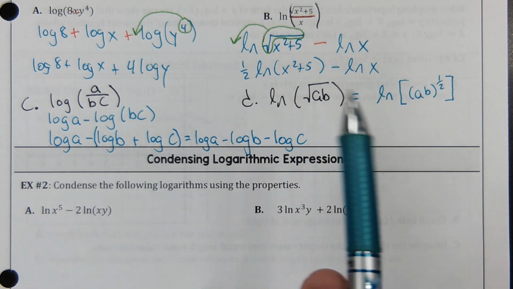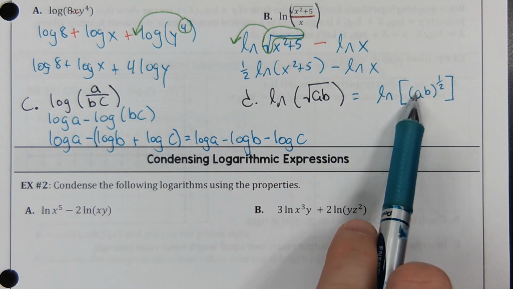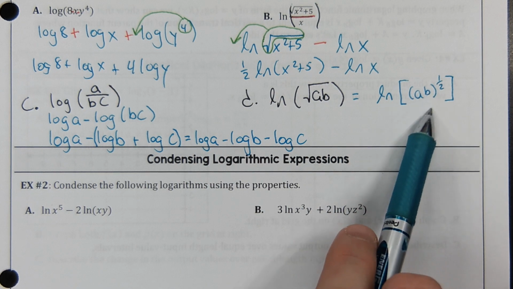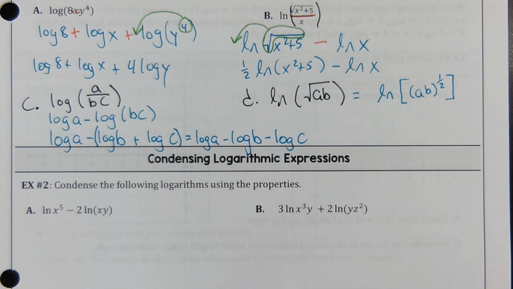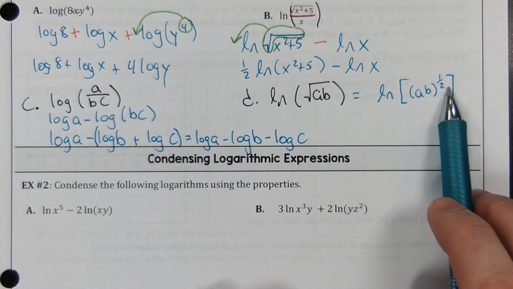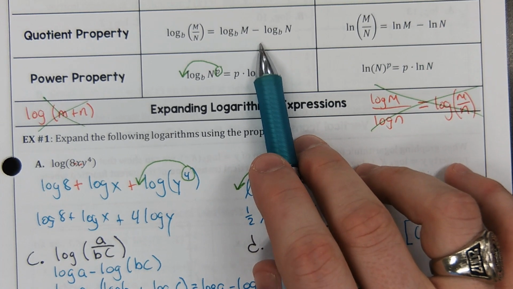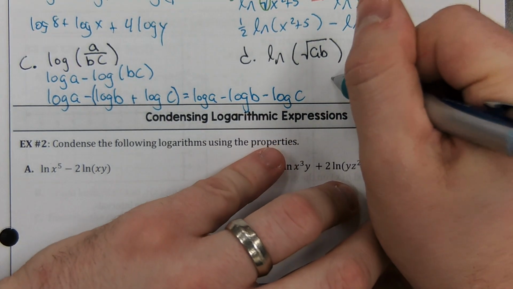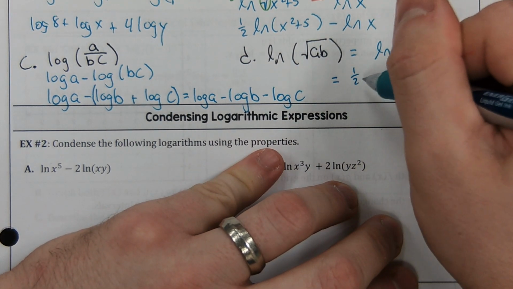Option 2 is give the exponent to both the A and the B, then expand, then move the 1/2 to the front. Either way, both of these objects have this power. That means in the full expansion, both logarithms will have that power in front of them. I'm out of space, so I'm just going to go directly to the full expansion.